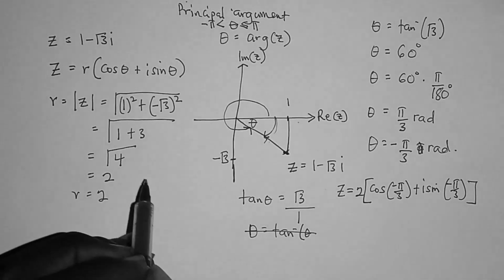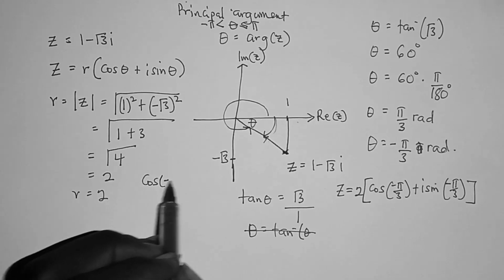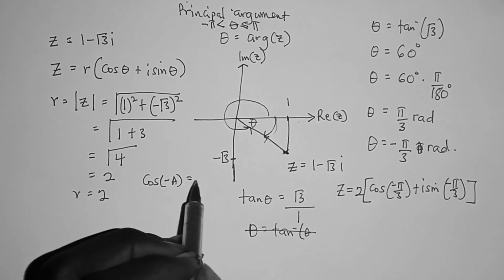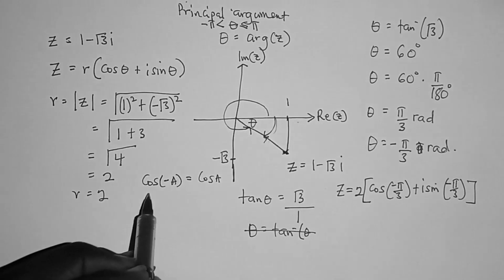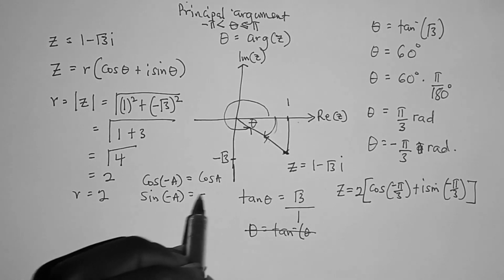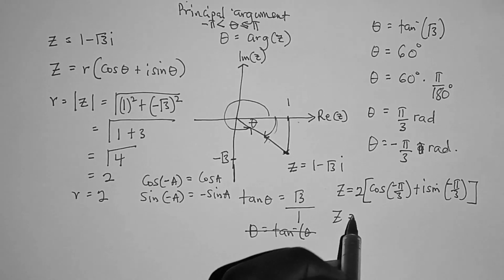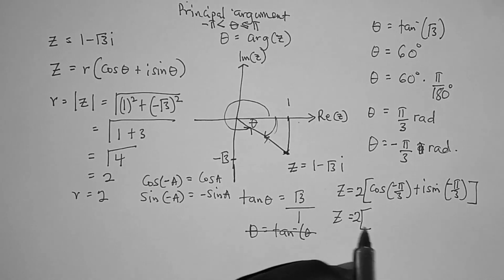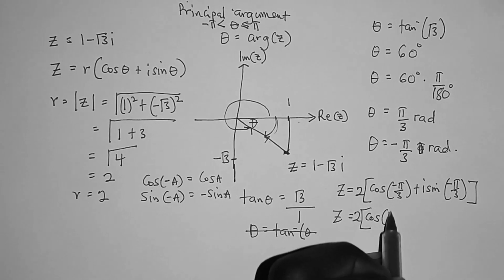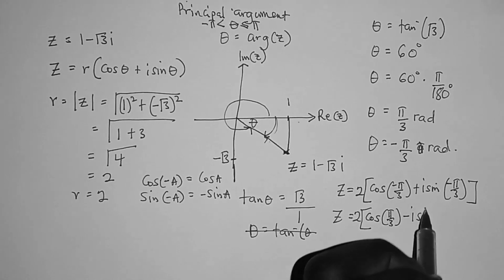Remember that we have already established that cos of minus A is equal to cos A, and sine of minus A is equal to minus sine A. And therefore, z is equal to 2 times cos pi over 3 minus i sine pi over 3.